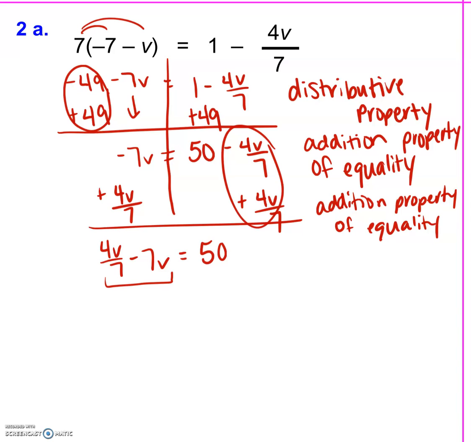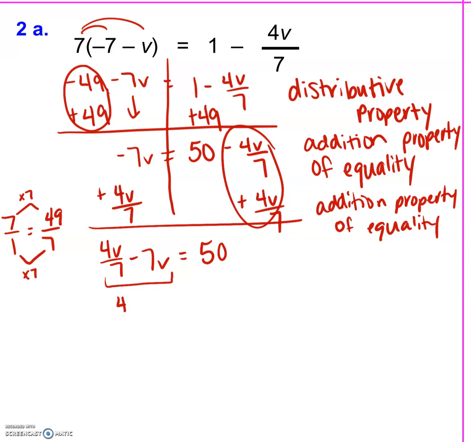So I'm going to just do my little chicken scratch over here. So if I have 7 over 1 equals a denominator of 7, I have to make equivalent fractions. So to get from 1 to 7, I multiply by 7. So I'm going to have to multiply this number by 7. And 7 times 7 is 49.